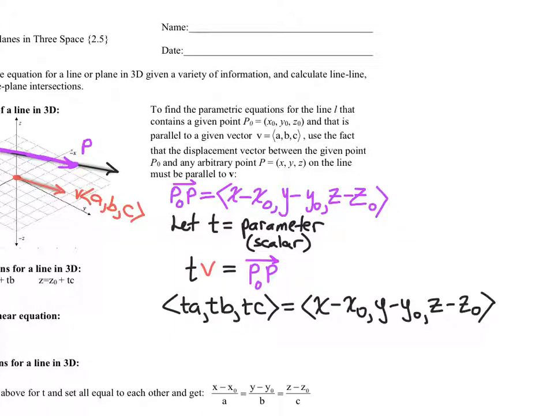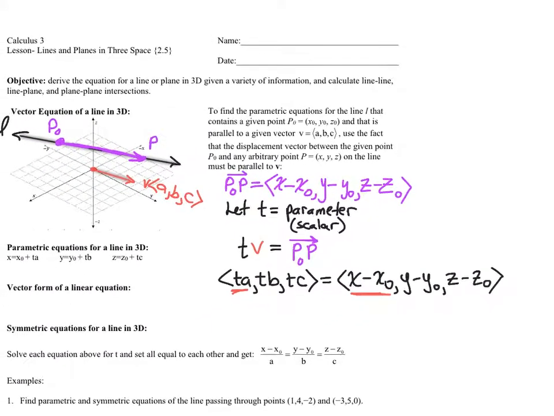Now if there's going to be equality here, then T times A should be equal to X minus X sub O. That's where our first formula comes from. I won't take you through each of them, but I'll just show you this case.